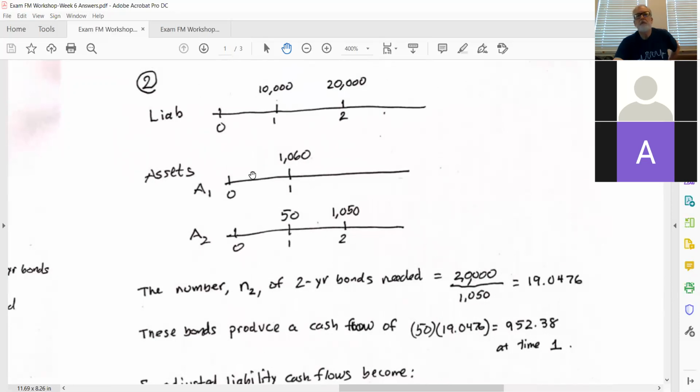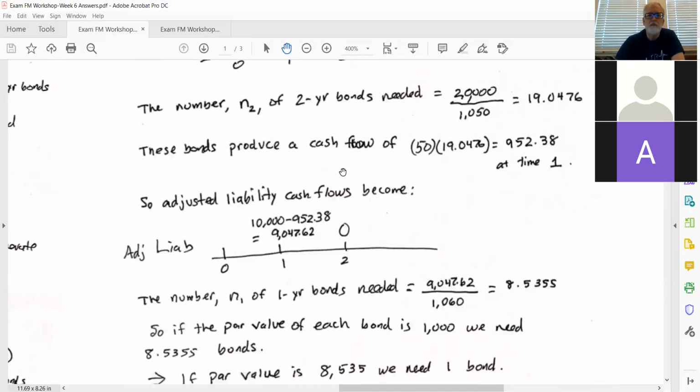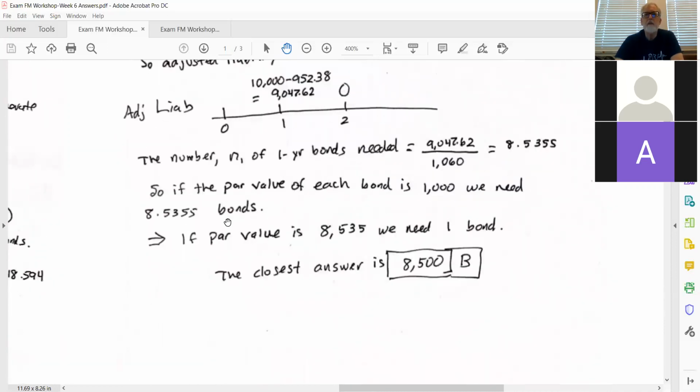If the par value is 1,000, we need 8.5355 bonds. Therefore, if the par value is 8,535, we need 1 bond. So the question is, you have 1 bond, what is its par value? So it would be 8,535.